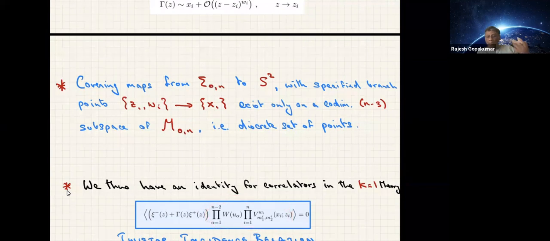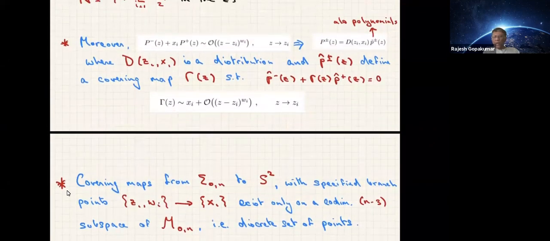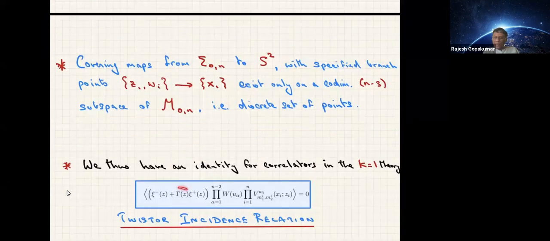So this is an example of a word identity for these correlators in terms of gamma of Z, which is defined in terms of a covering map with these properties. If you specify these Xi and Wi, this branching data, you have a unique covering map, which tells you what gamma of Z is, and you can compute this combination and show that it vanishes.